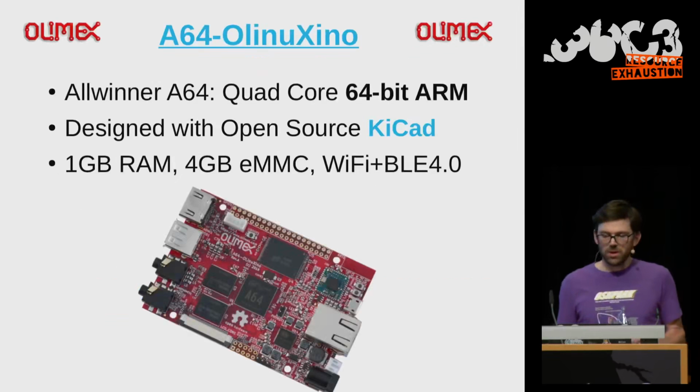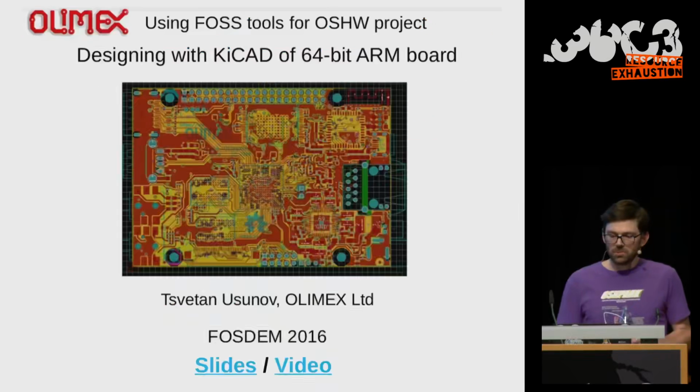So a few years ago, they wanted to create a 64-bit ARM board that was completely open source and designed in KiCad, which is free software, open source circuit design software. And Svetlin gave a nice talk at FOSDEM a few years ago about the process of them switching from their proprietary CAD software over to KiCad and designing this open source hardware board.